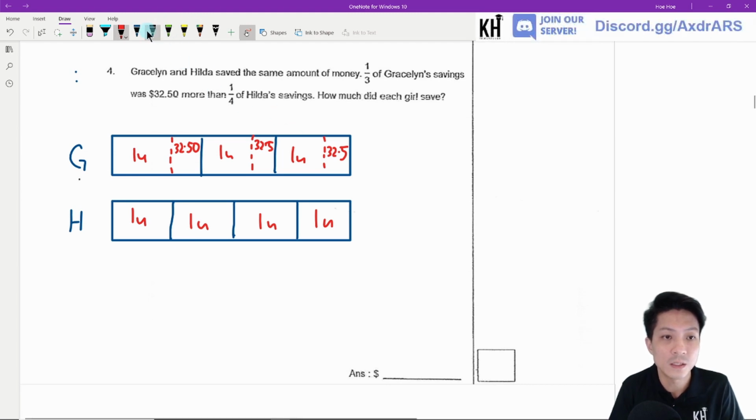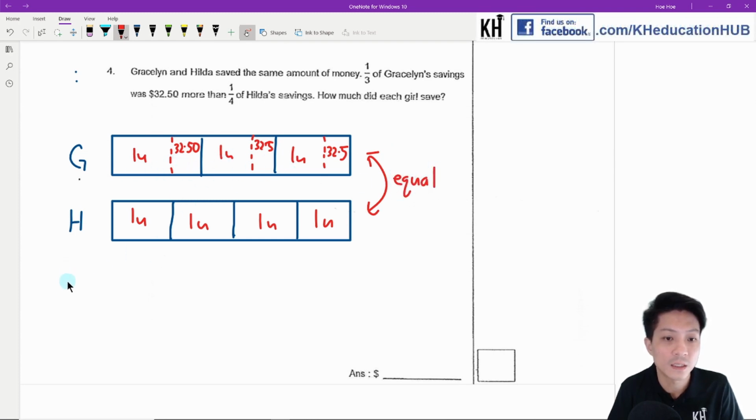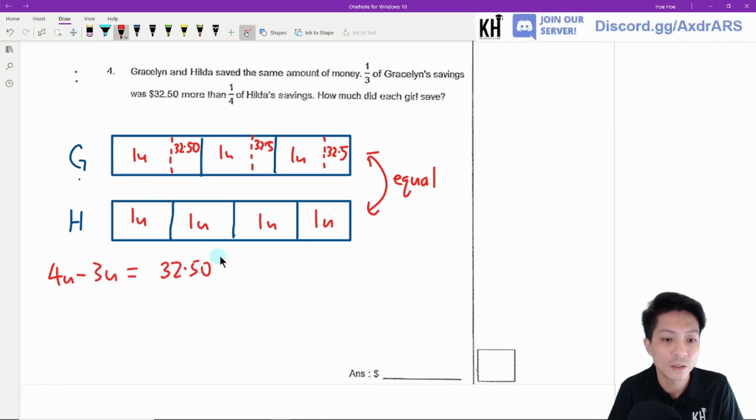since these two blocks are equal to each other, you should realize that the 4 unit minus the 3 unit is equal to 32.50 times 3, because there's 1, 2, and 3.